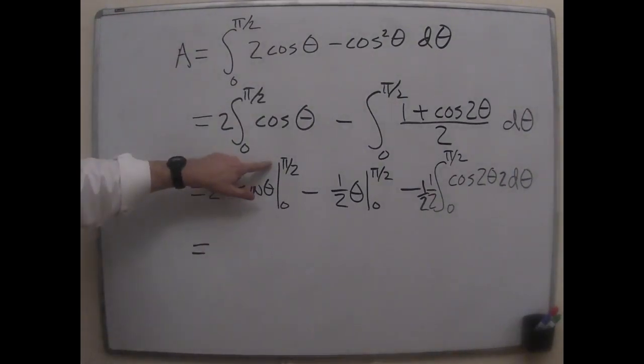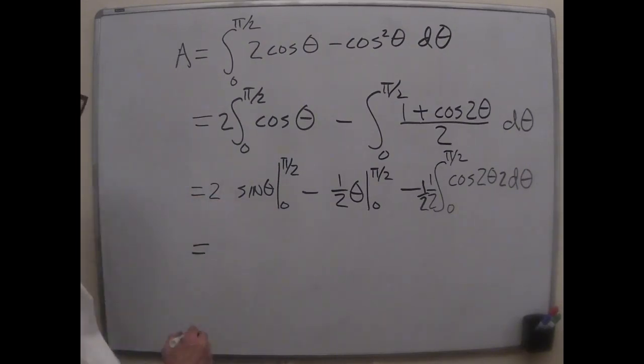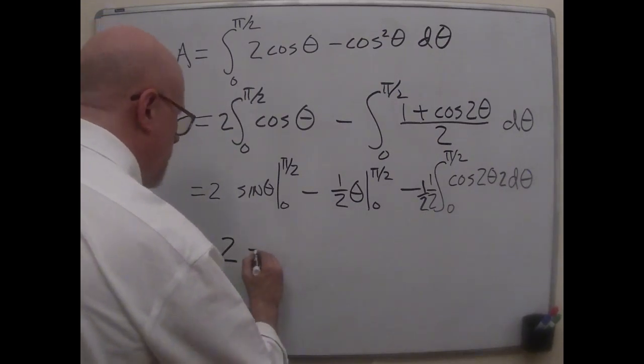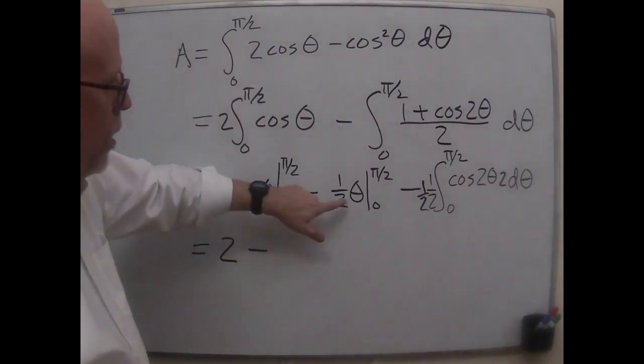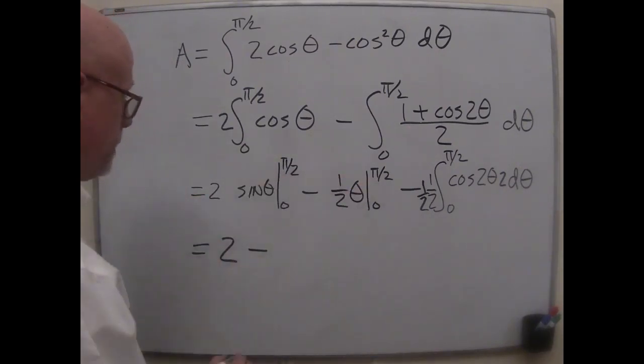Sine of pi over 2 is 1. Sine of 0 is 0, so this is 2 times 1. And, well, 1/2 of pi over 2 is pi over 4.